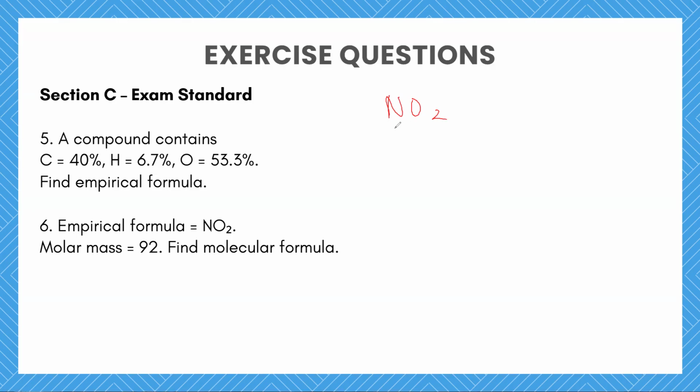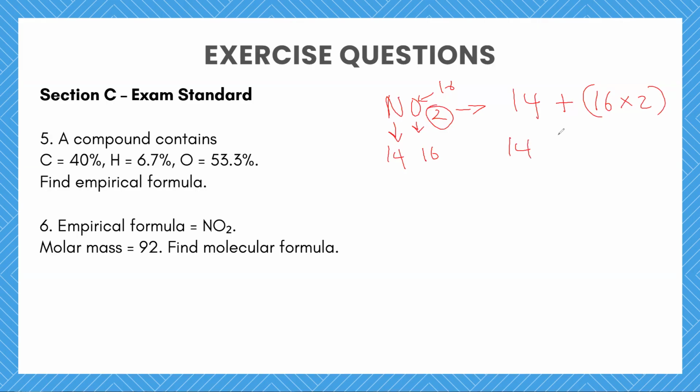Okay, how do we do that? We simply add the individual atomic masses. Now, N, which is nitrogen, has an atomic mass of 14. O has an atomic mass of 16. So this becomes 14 plus 16 times 2 because oxygen here, which is 16, appears 2 times.